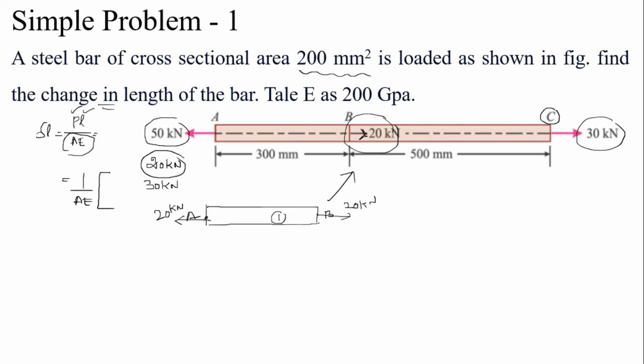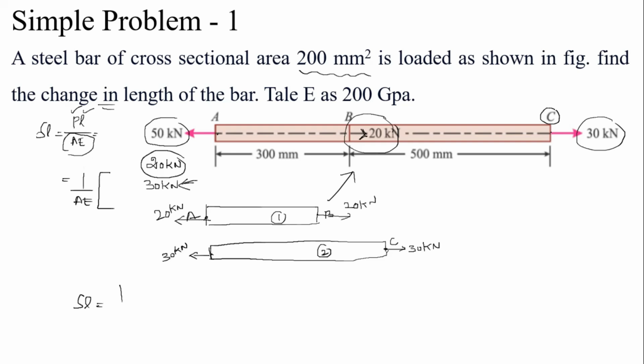Similarly, section 2: here the remaining 30 kilonewton is acting at point A, and at point C 30 kilonewton tensile force is acting. Now, let us take the second section, which has 30 kilonewton at point A and similarly 30 kilonewton at point C, right, and this is B, right.